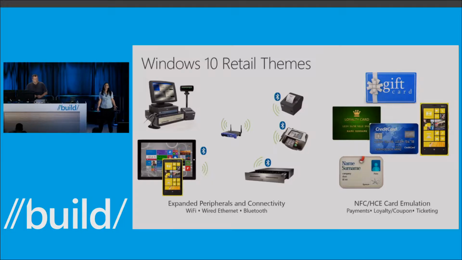The cards that we use throughout the day, like access badges to get into our offices, bus passes to go to work, and loyalty cards, gift cards, credit cards, you can all put them onto your customers' devices by writing a regular universal Windows platform app that your customers will be able to download and install from the Windows Store. I'll be going through the architecture and how you can build these apps for your customers in the second half of the session. Great, thanks.